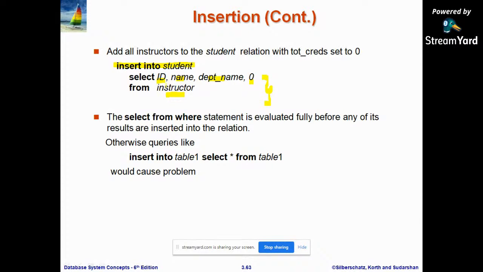So these 4 entries will be imported into the table student. You have to make sure that the student table is defined such that its first column is the ID data type, the second column is name, the third is department name, and the fourth is the number type, where you can insert this 0 here. That way you can copy data from one table to another table.